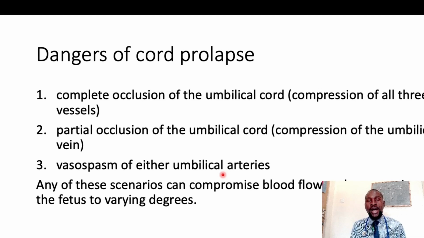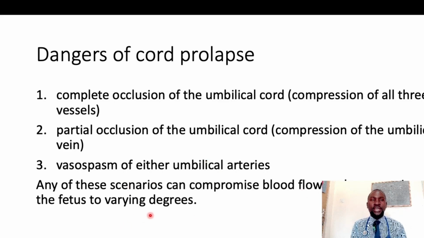When we look at all these three things, the complete occlusion, number one, the partial occlusion of the cord, number two, and the vasospasm of the umbilical arteries, all these scenarios are going to compromise the blood flow and oxygenation of the fetus to varying degrees.